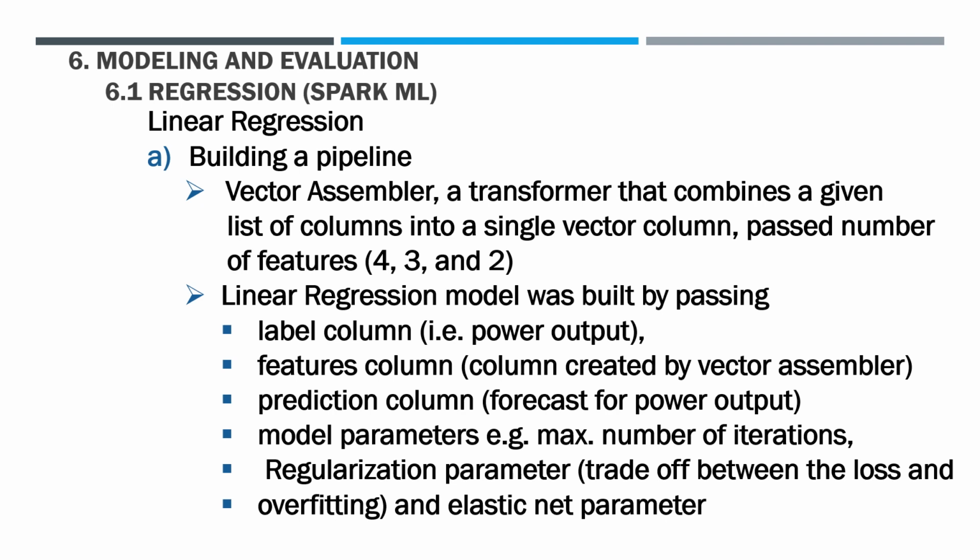It is the forecast for the plant power output. It was also passed the model parameters, for example, the maximum number of iterations, the regularization parameter, which is a trade-off between the loss and the overfitting, and also the elastic net parameter.